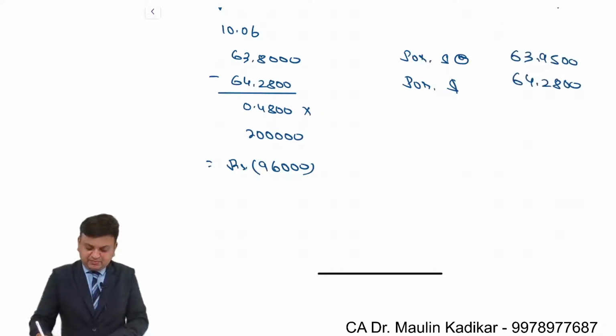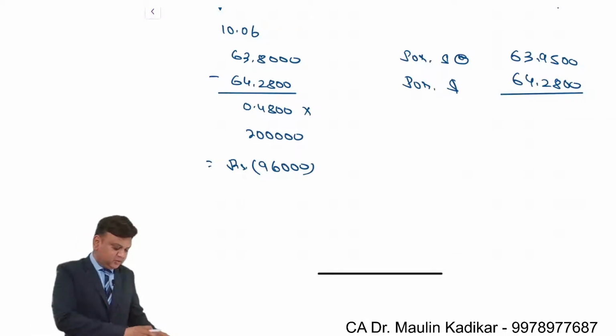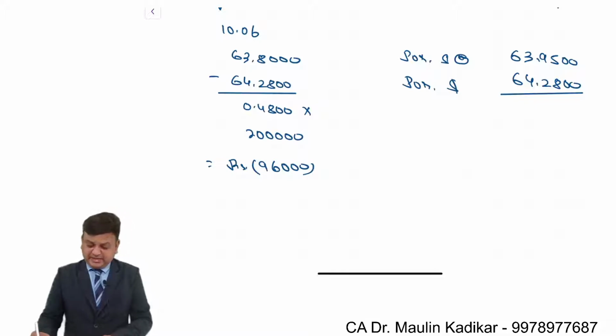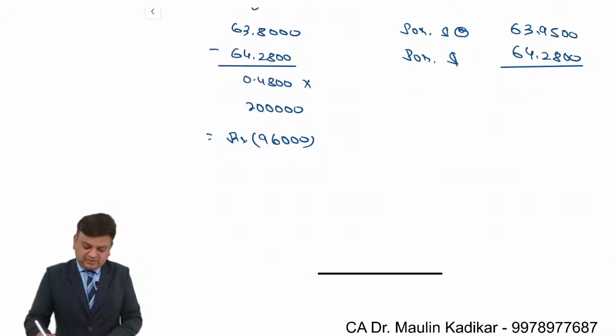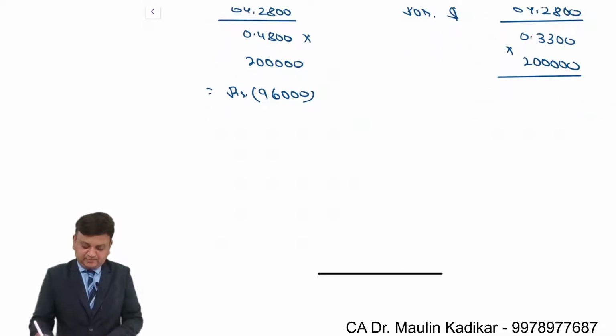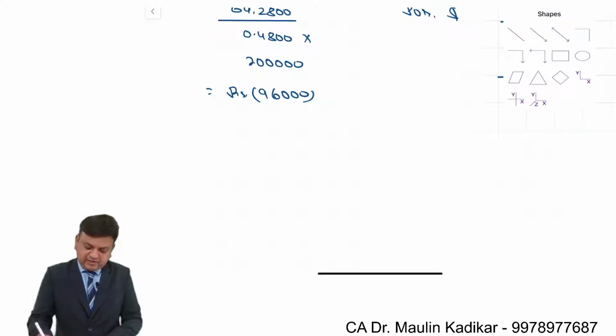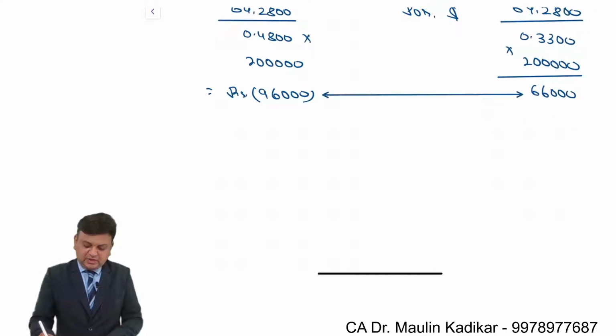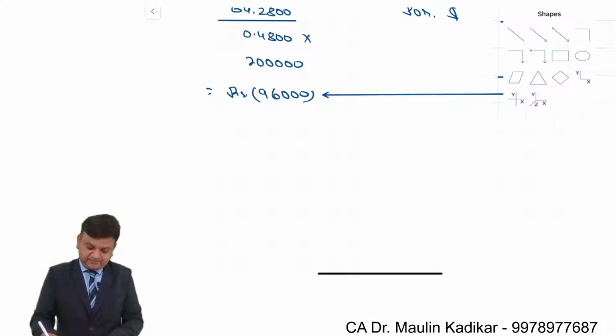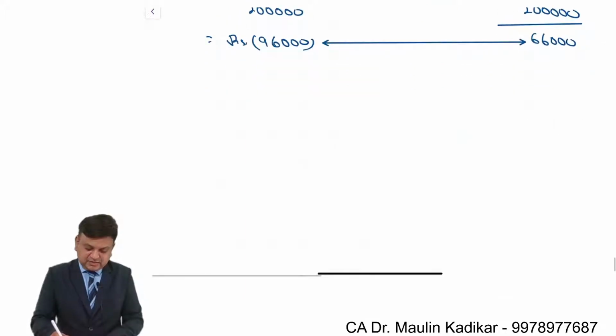So there is a profit. Why? Because you are able to purchase at a lower rate, 63.95. So there is a profit of 33 paise, again into 2 lakhs. So you make a gain of rupees 66,000. So ultimately you are incurring a loss of 30,000 rupees. This is the way the swap loss of 30,000 rupees is calculated.